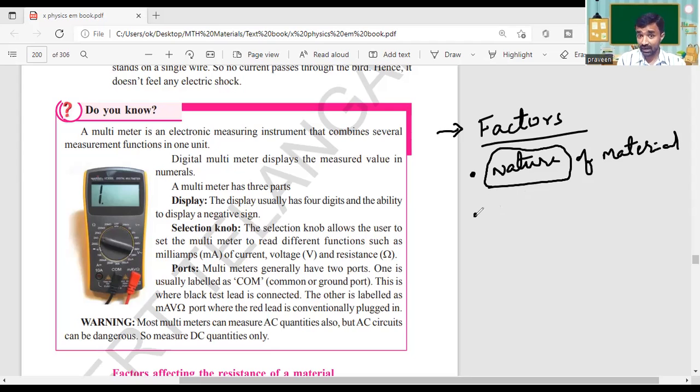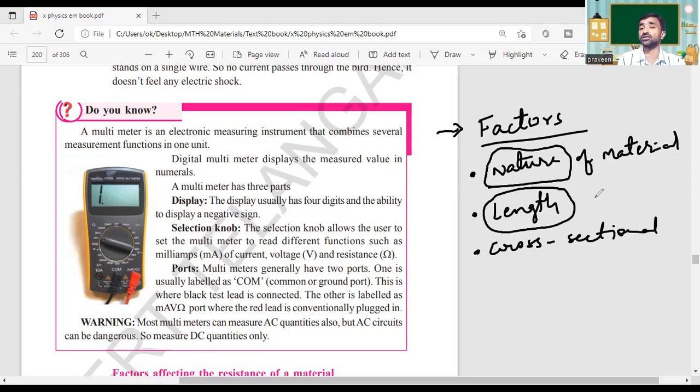Then we are understanding the physical conditions of the material, like its length and cross-sectional area. Why are we giving importance to this? If the length increases, the availability of free charges changes. If the cross-sectional area changes, it also influences the availability of free charges in the conductor.